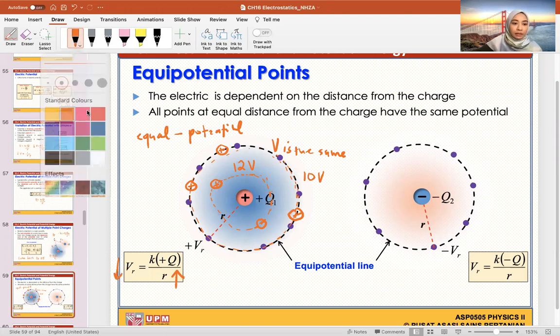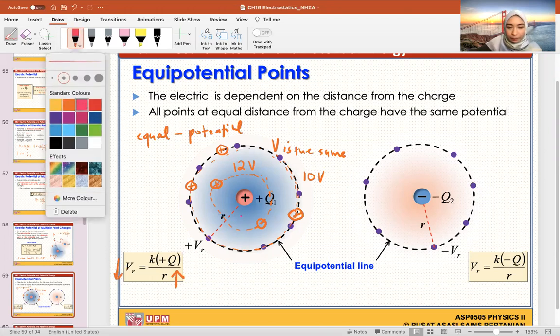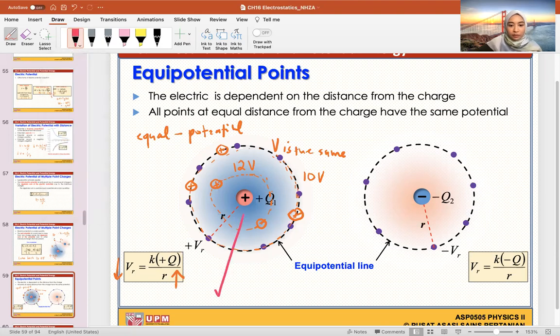Which means that if my test charge is placed further away, this V should be less than 10, should be less than 12. Let's say it's 5 volt. As it goes away from the positive source charge, the V becomes smaller based on this equation. Okay.